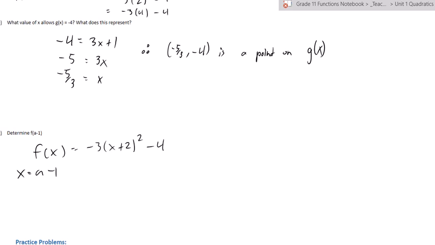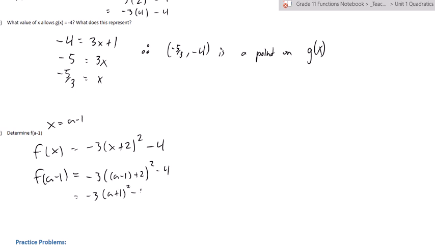So we're going to substitute x equals a minus 1 into our function and then simplify. So f of a minus 1 is equal to negative 3, then we substitute a minus 1 for x: (a - 1 + 2)² - 4. And then we have a minus 1 plus 2, so that's going to be a plus 1.